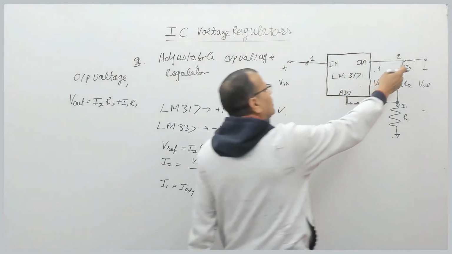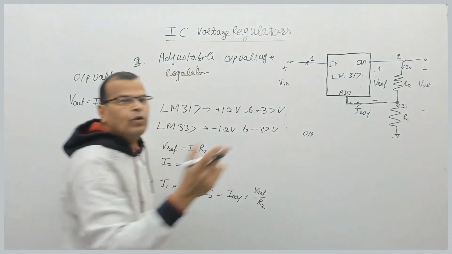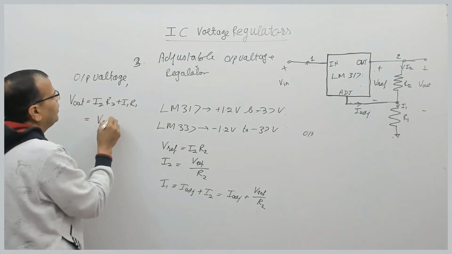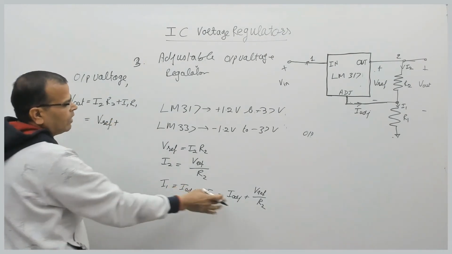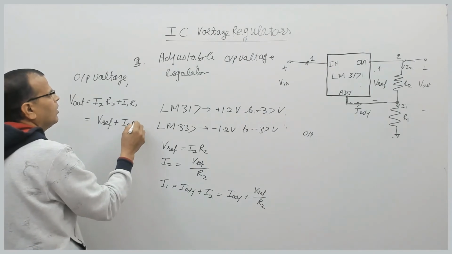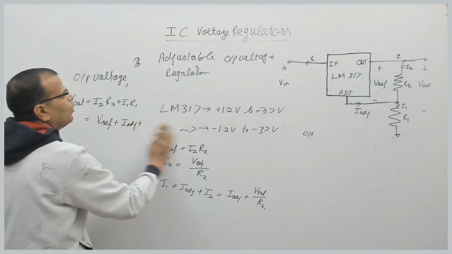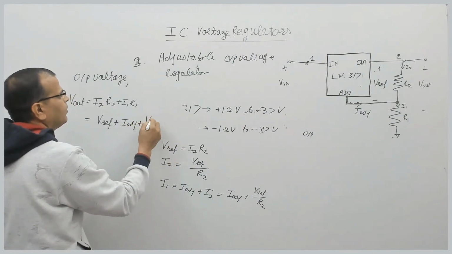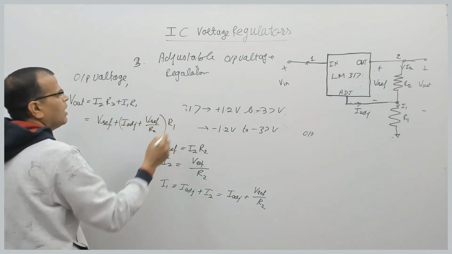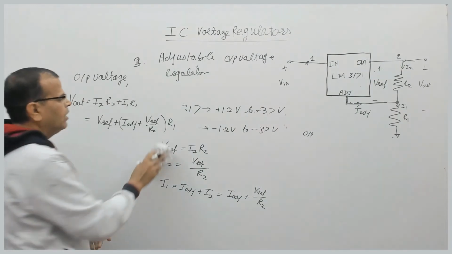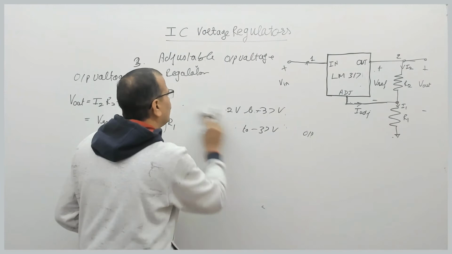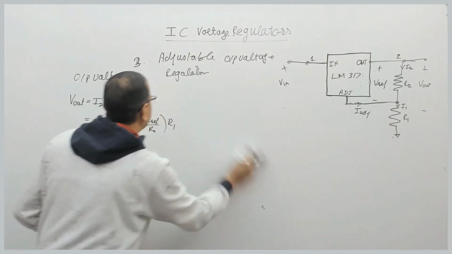That is the voltage drop across this plus the voltage drop across this. What is the voltage drop across R2? That is Vref, plus what is I1? That is this current. So I adjusting current plus Vref by R2 multiplied by R1. That is the output voltage of this regulator, right?